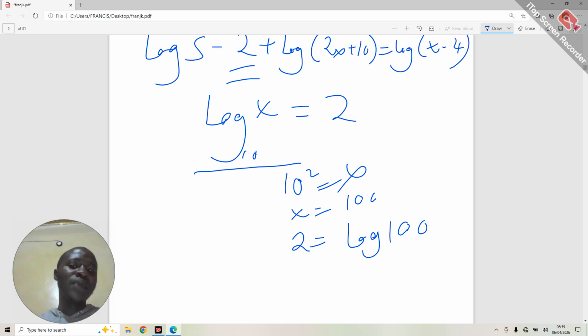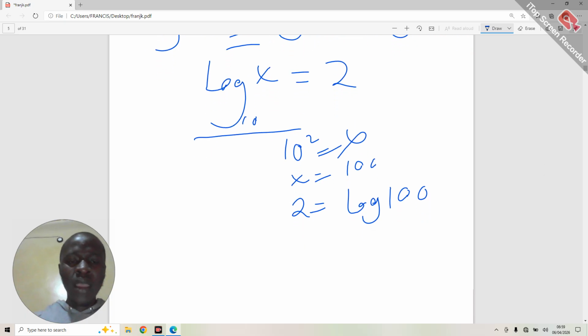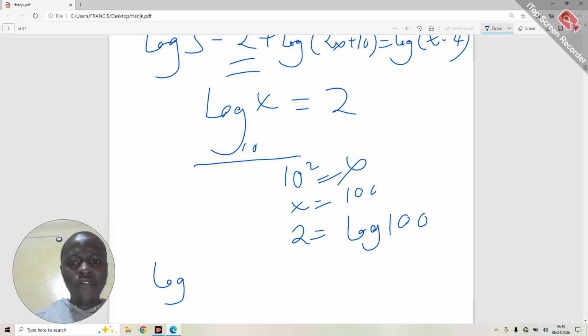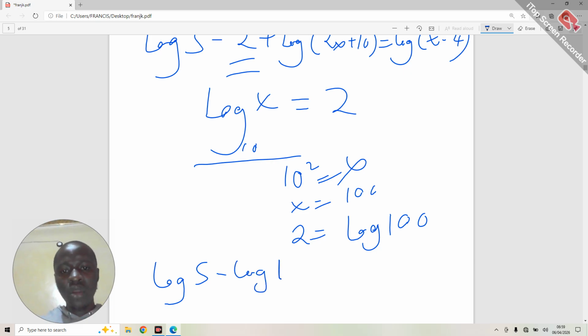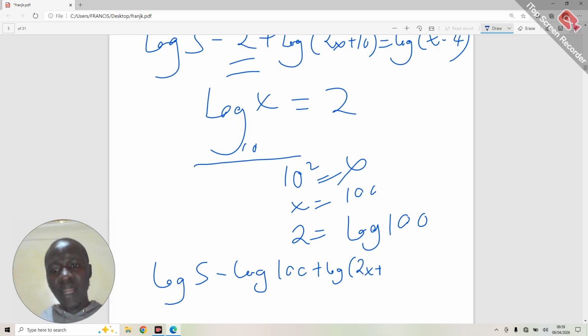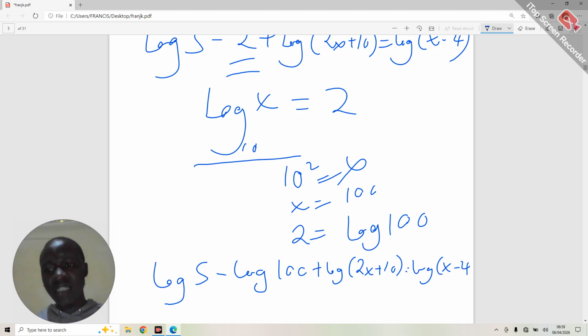Now, that's the first step an examiner will need to see before doing anything fishy in that question. Now we shall have what? Log 5 minus, now instead of writing 2, we have log 100, plus log 2x plus 10 is equal to log x minus 4.